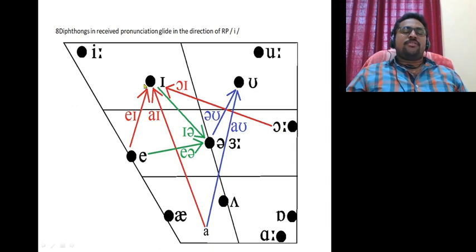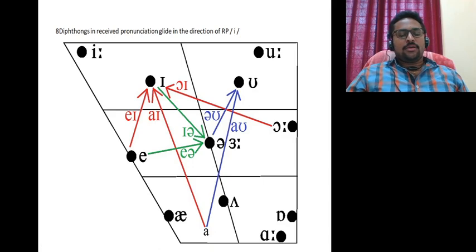Three of the sounds are ending at the place of E. A as in day, I as in by, and OE as in oil, boy.